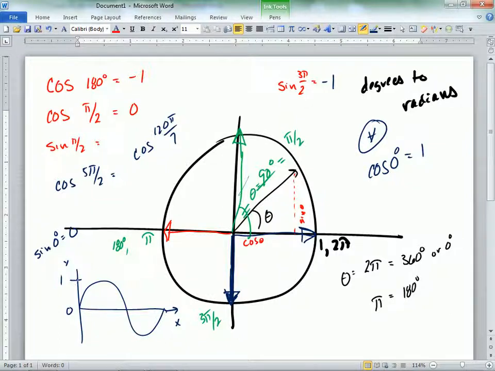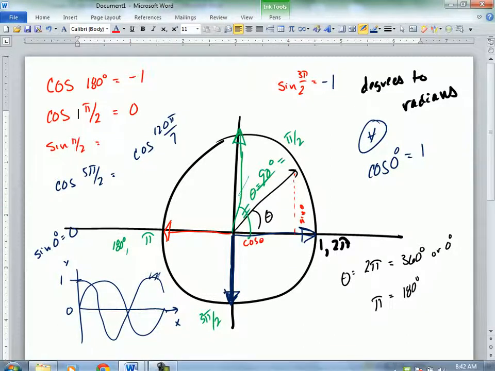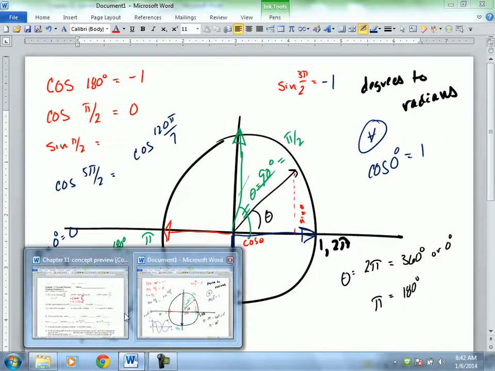So the cosine would be this one. Start here. Okay, but that's the idea.